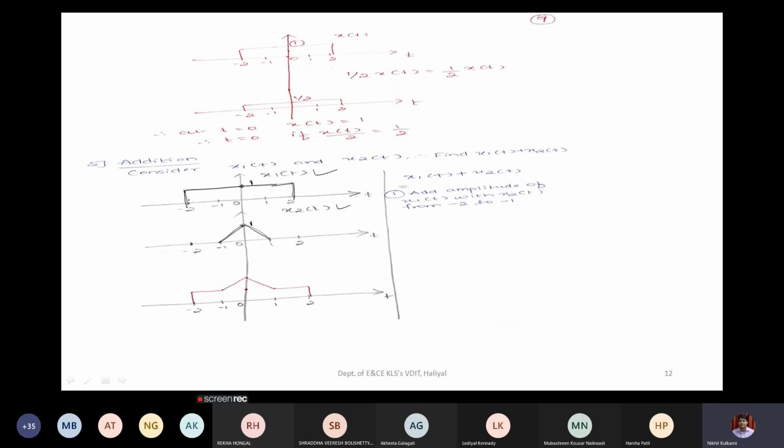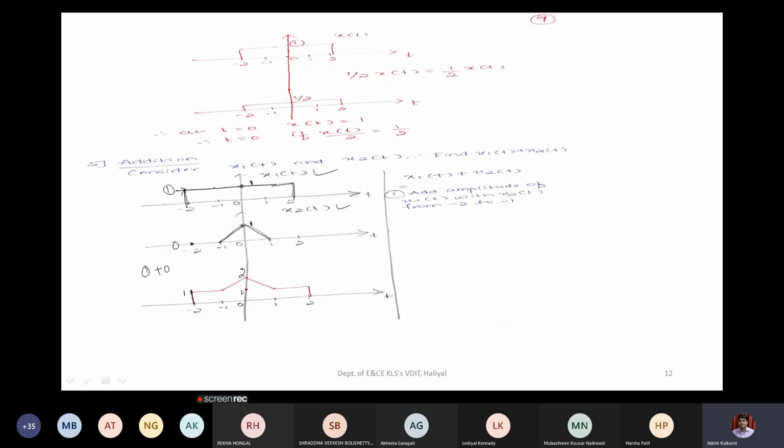At -2, what is the amplitude of x1 of t? It is 1. And what is the amplitude of x2 of t at -2? It is 0. So 1 plus 0 is going to give you 1 only. So at -2, the signal will remain at 1.